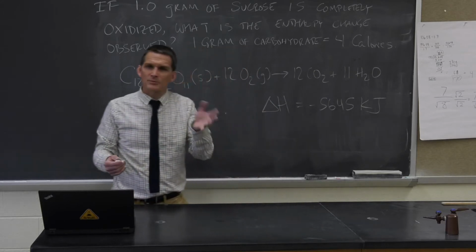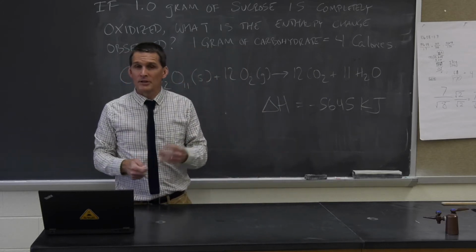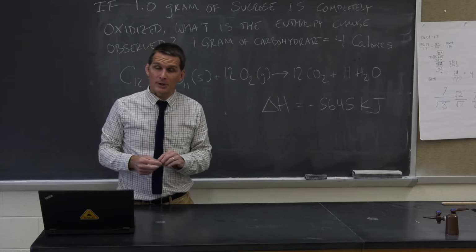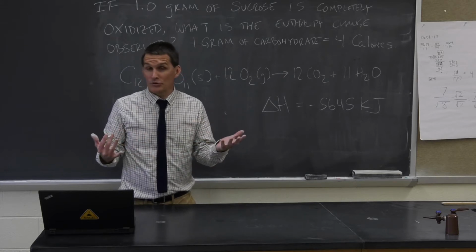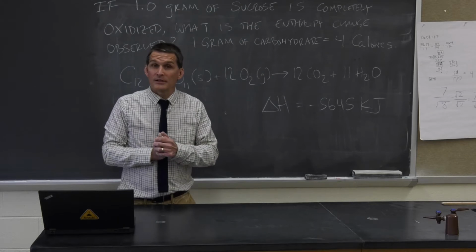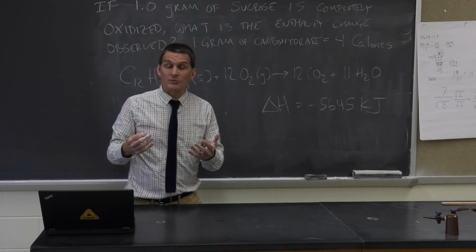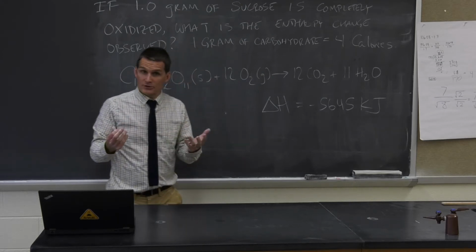Protein's a little less than this, but we say that 1 gram of protein provides 4 calories of energy to your body. And fat, it's more than twice as high. 1 gram of fat supplies 9 calories of energy to your body.